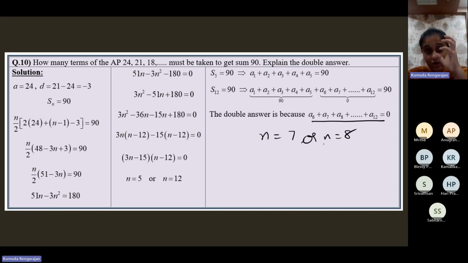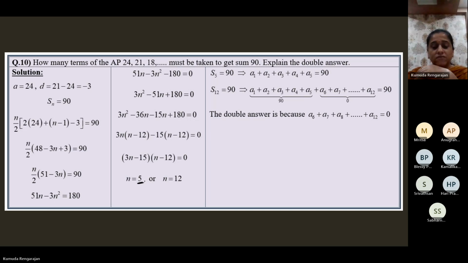The sum of the terms from something to something is 0. So normally you can make out from this itself. So 5, what is after 5? 6. So that's because the sum of the terms from the 6th to the 12th is 0.